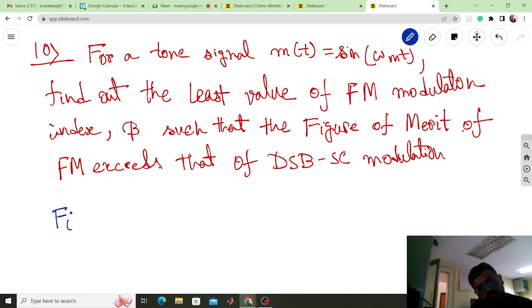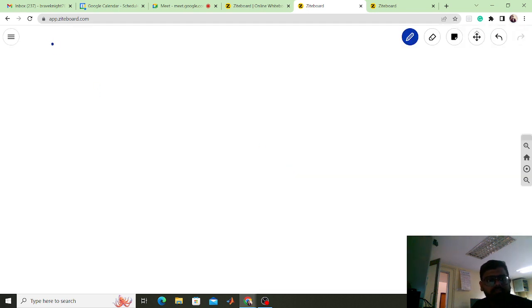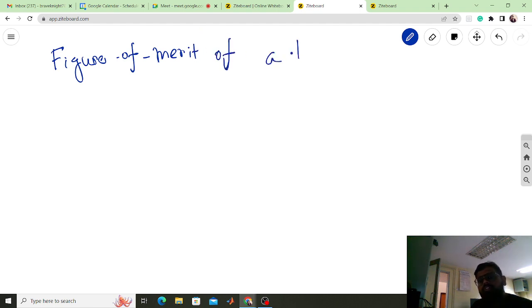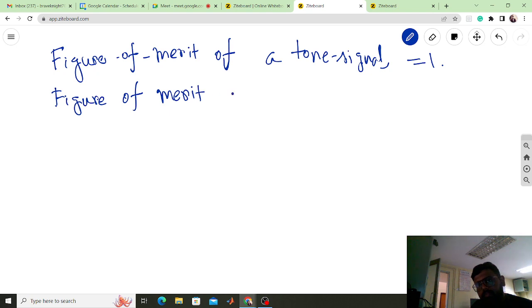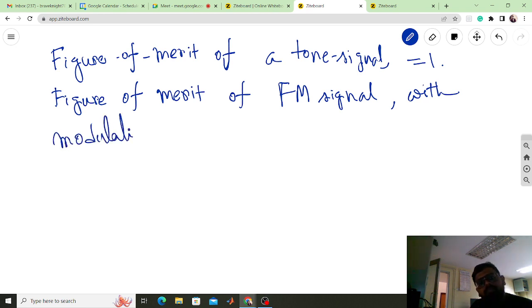So the figure of merit of a tone signal is equal to 1, whereas the figure of merit of an FM signal with modulation index beta is equal to 3 by 2 beta square.